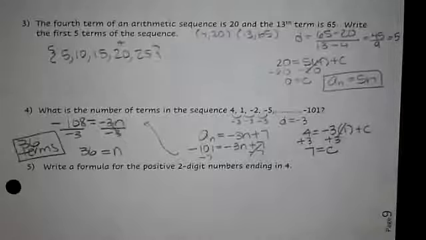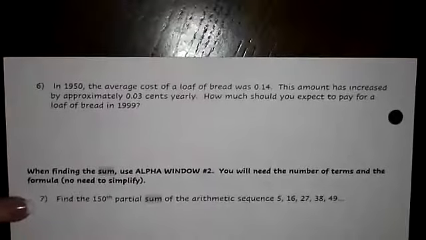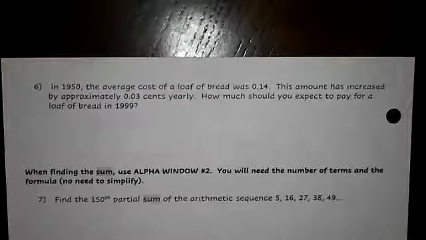Write a formula for the positive. We already did that one. All right. In 1950, the average cost of a loaf of bread was 14 cents. This amount has increased by approximately 3 cents yearly. How much should you expect to pay for a loaf of bread in 1999?